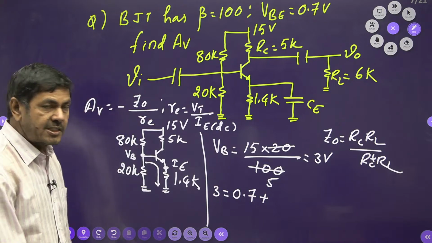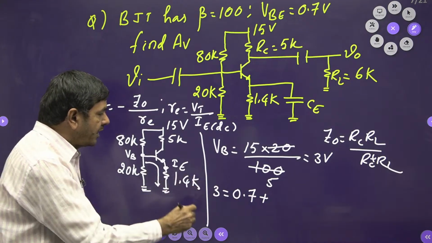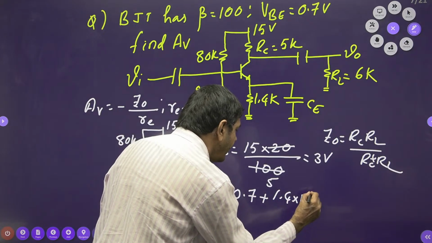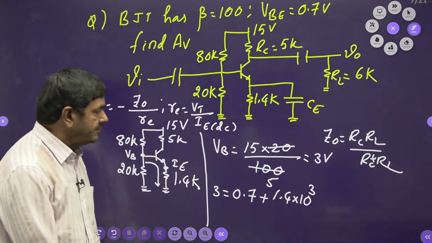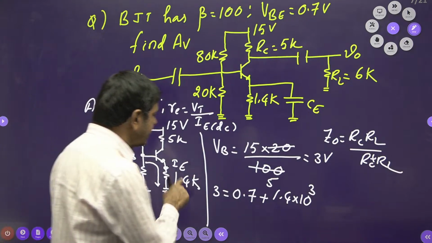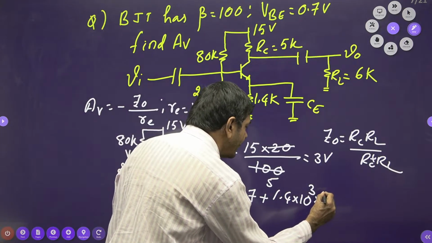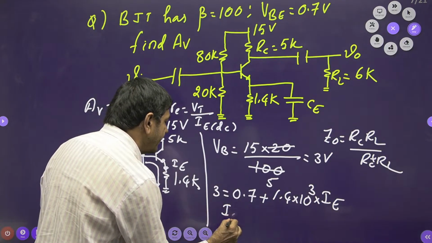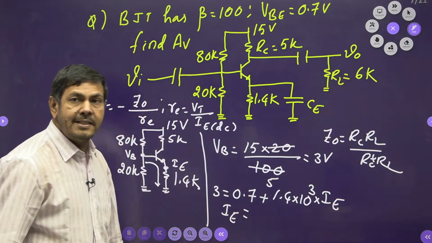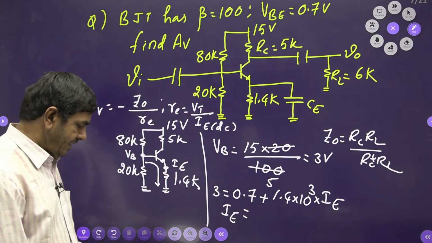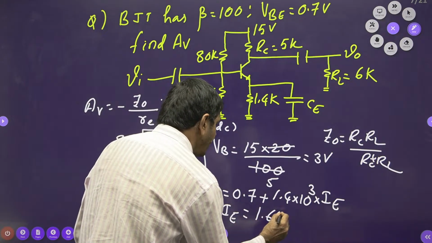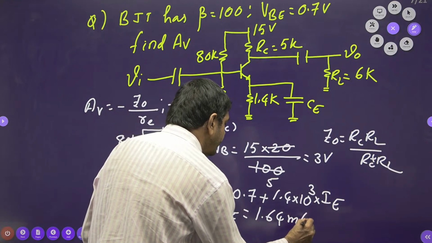The drop across this emitter resistance of 1.4 K is 1.4 K into IE, resistance into current only. That current I have taken as IE. Use the calculator, you will get the emitter current directly. Under DC analysis, IE DC is 1.64 milliamperes. 1.64 milliamperes of current is possible.